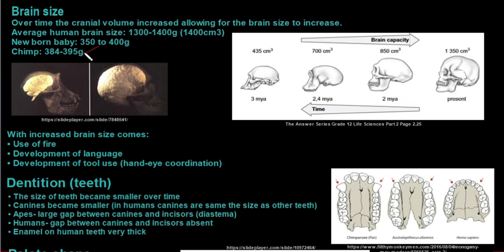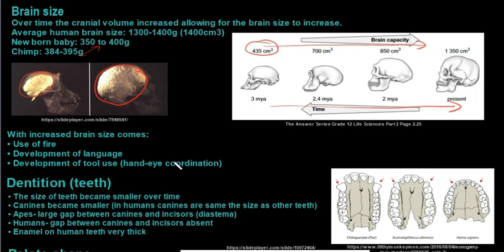So you can see that a newborn baby's brain is almost the same size as a chimp's. They've got much smaller brains compared to humans. If we look at this, you can see how the brain capacity increased as we went up through the timeline. The further back we go, the smaller the brain capacity will be.